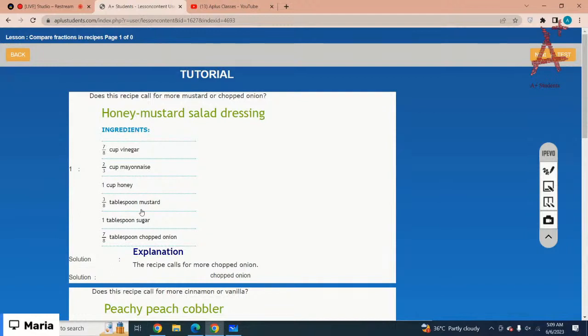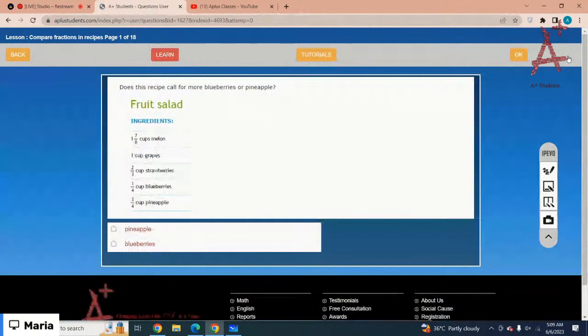Yes, 7 by 8 is greater than 3 by 8. So chopped onion is more than mustard. Got it? Let's start with the test questions.